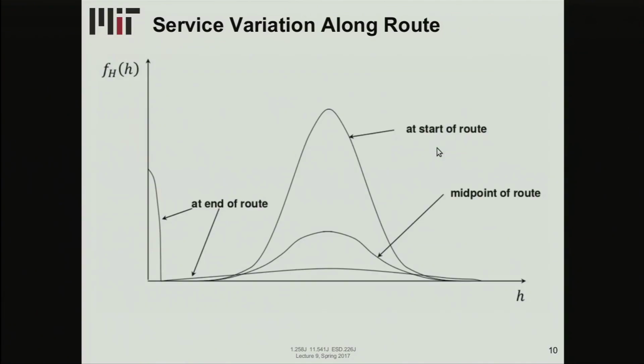That's what we say. Okay, so if you were to survey headways at different points along the route, you would see, if you start at a terminal, something like a probability density function, but they're not normalized, so don't think about scale. So you have headway on the horizontal and the probability density on the vertical.